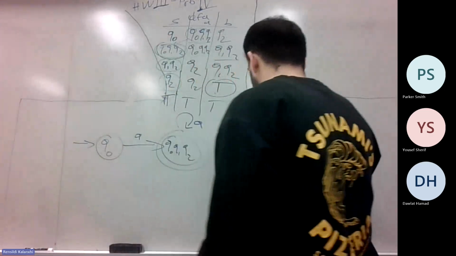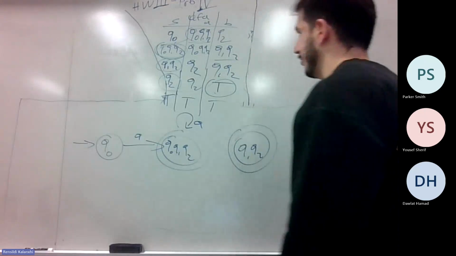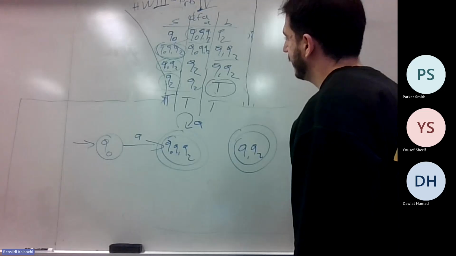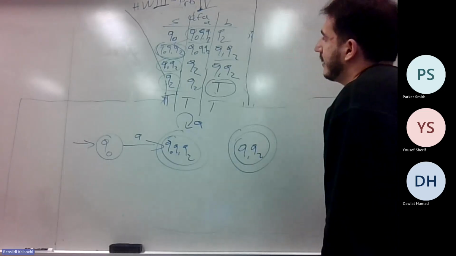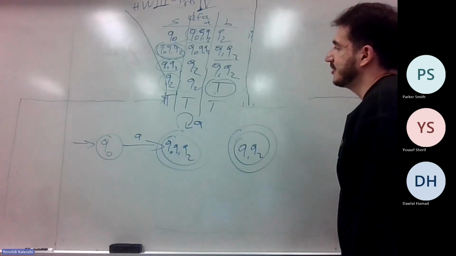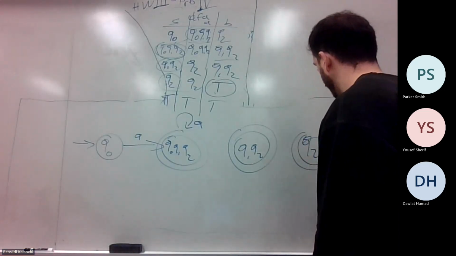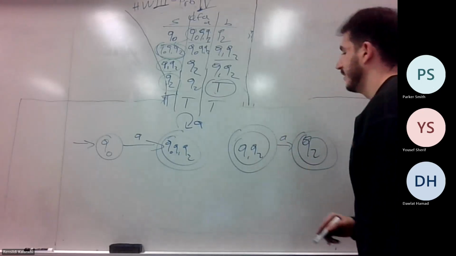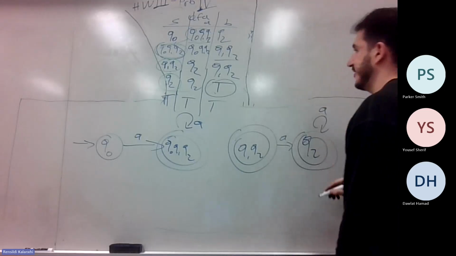We're going to construct that as well. It's a final state, so we need two circles for it. It transitions A to the next state, which is Q2. And Q2 transitions A to itself.